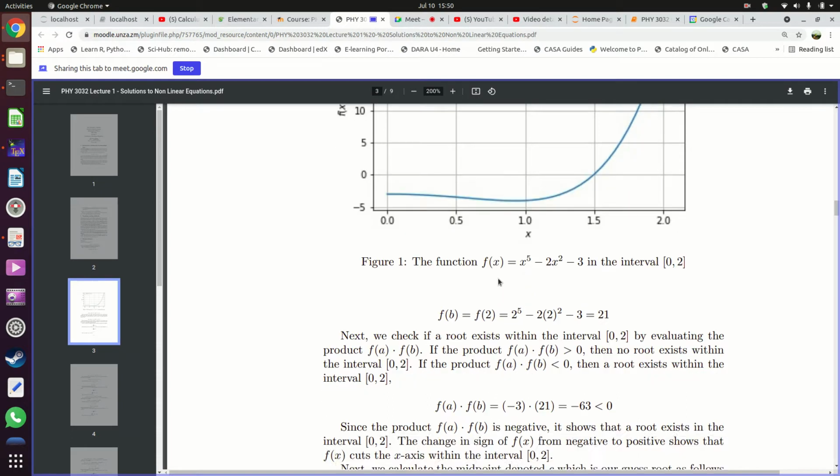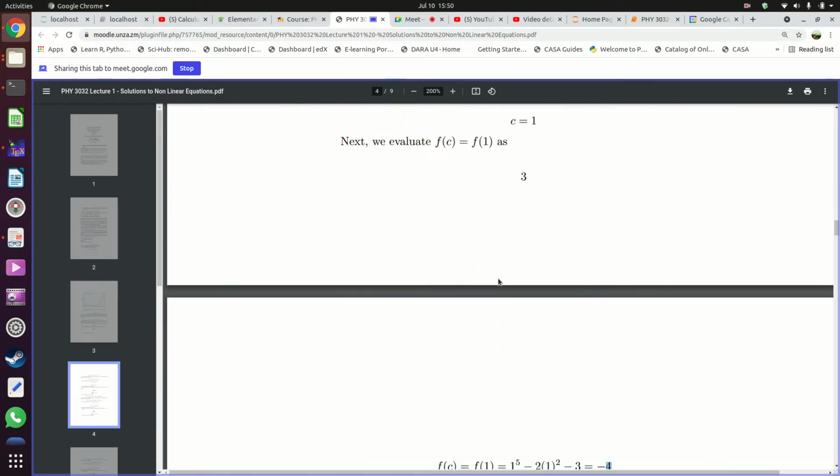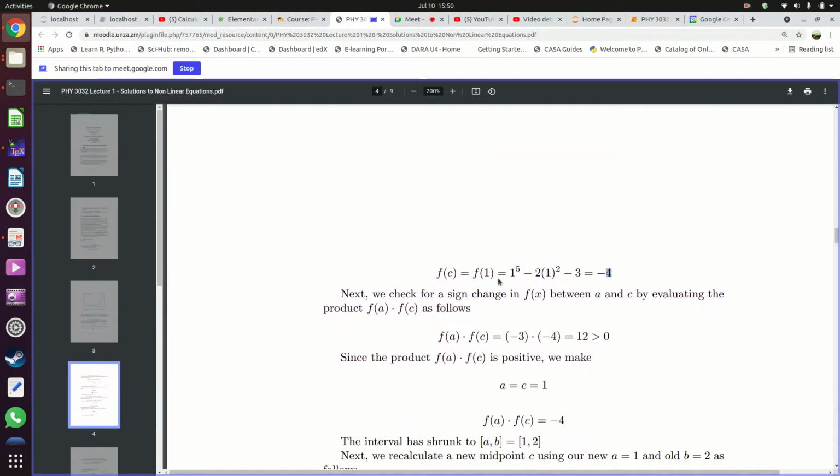We do the same thing we did earlier. This time we multiply f of a times f of c. We want to find out if there is a solution between a and c. c is our guess value. Is that clear? What we are trying to do?